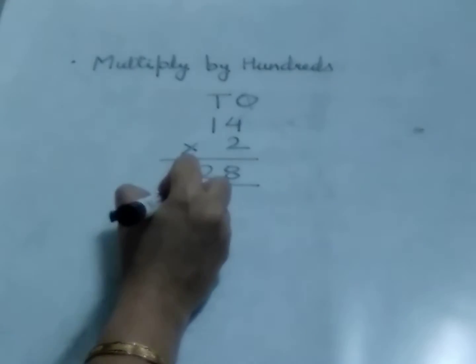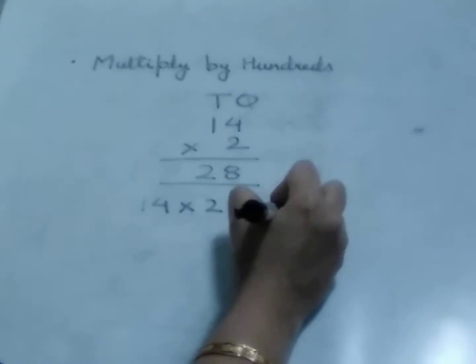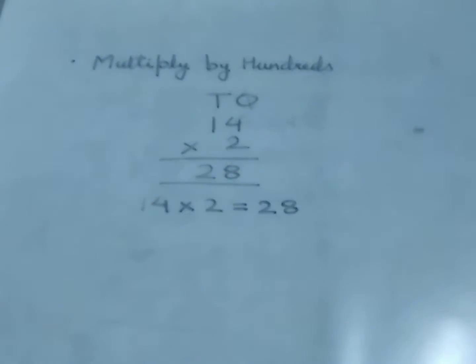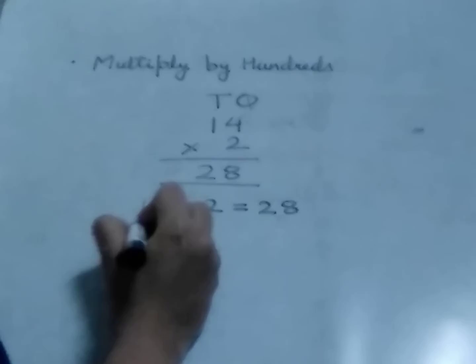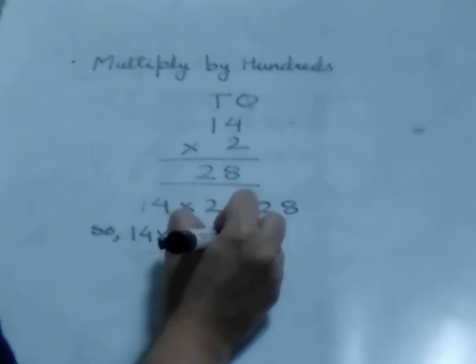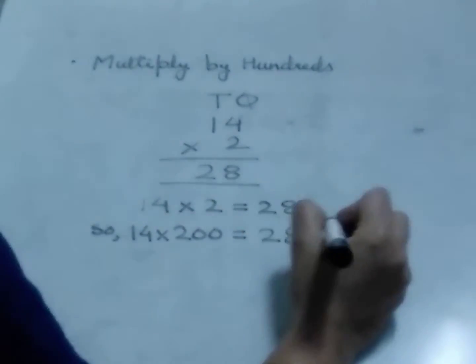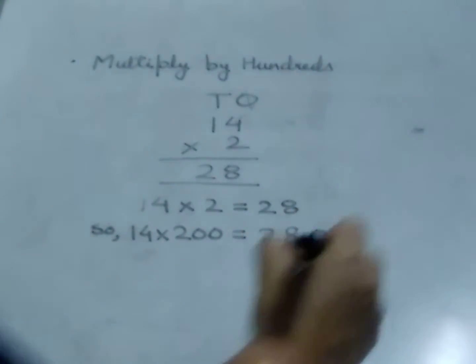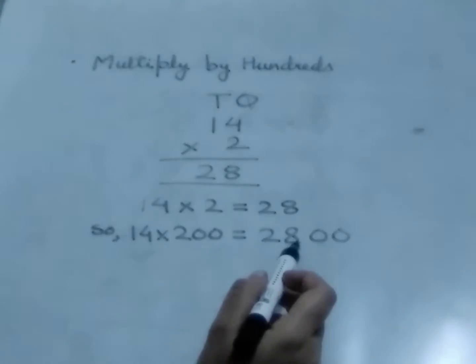Now 14 multiplied by 2 is equal to 28. So now take both the zeros, that means 200. Add 0 in both the ones and the tens places. So it becomes 2800.